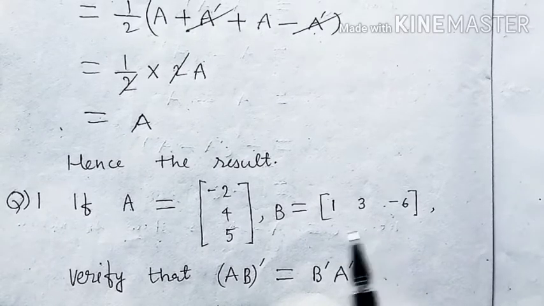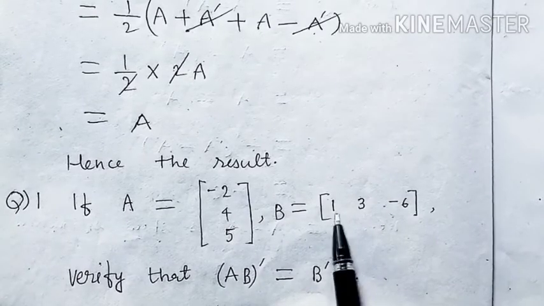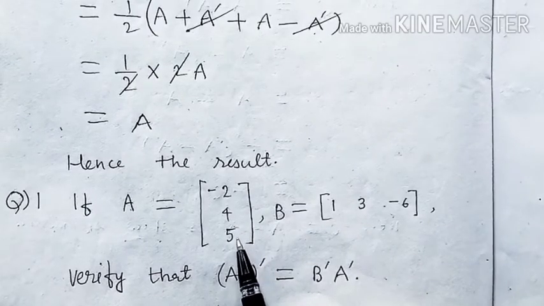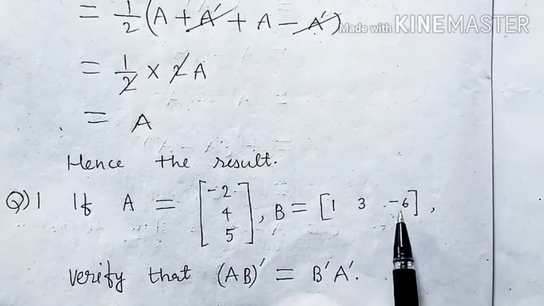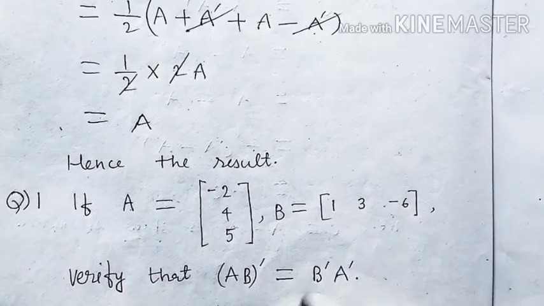Order of A is 3 cross 1 and order of B is 1 cross 3. So we can find AB, as the number of columns of A is 1 and the number of rows of B is 1. So we can multiply to find AB.